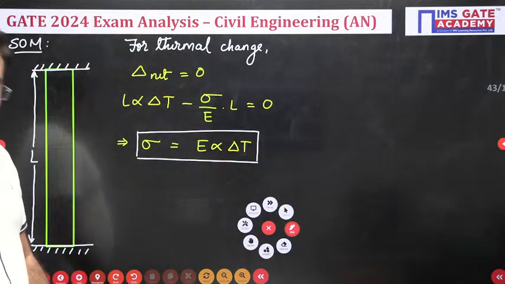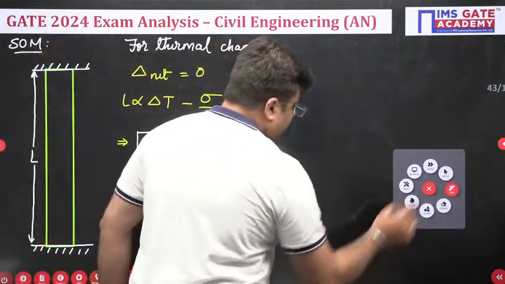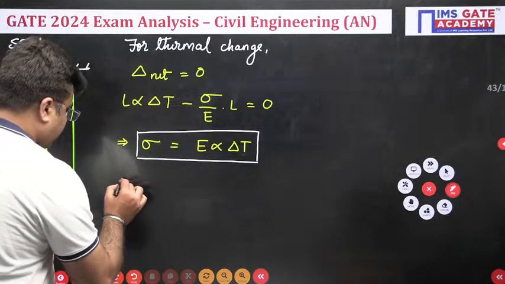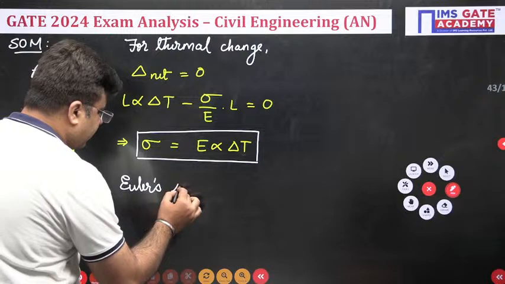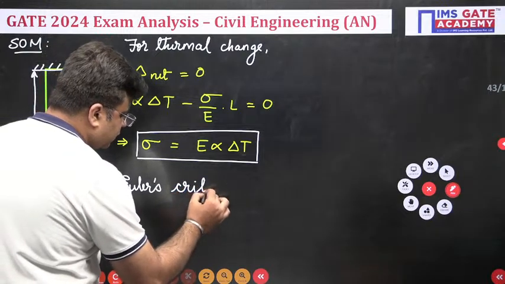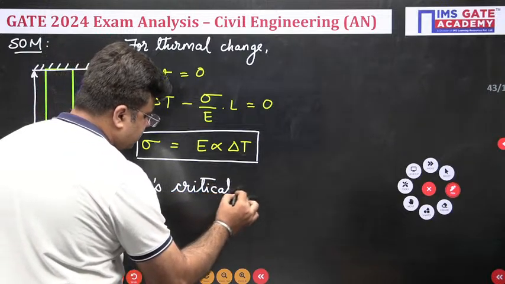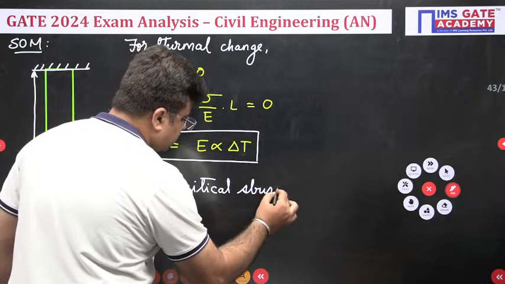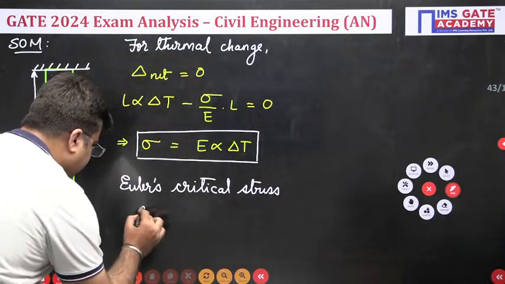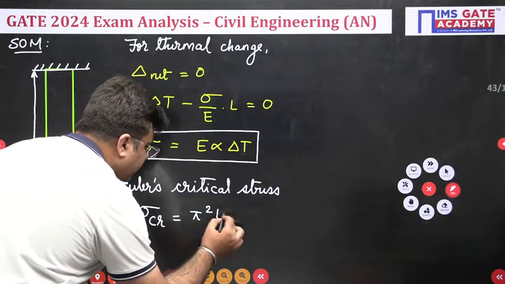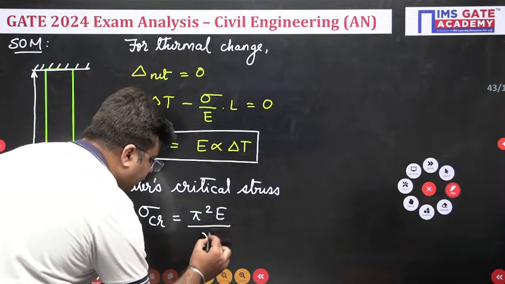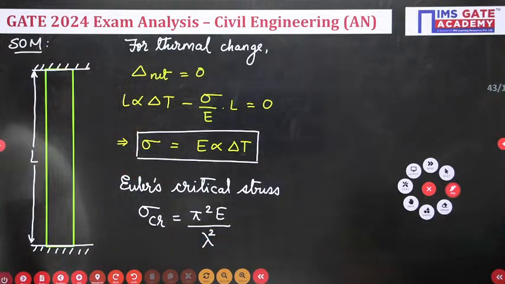Okay. Now, the critical buckling stress, sigma CR, is equal to pi square E by lambda square, that is your slenderness ratio squared.